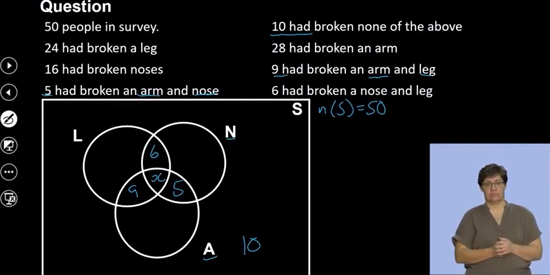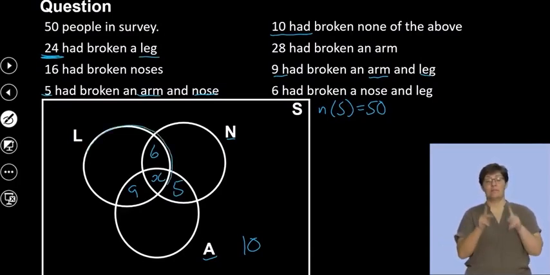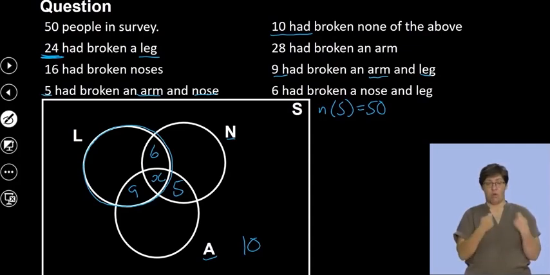The first thing that I recognize is the total amount of people that have broken a leg. So remember, guys, this is the people that are in that whole set. That whole set comes to 24. So if they've only broken a leg, then they would sit into that space there.